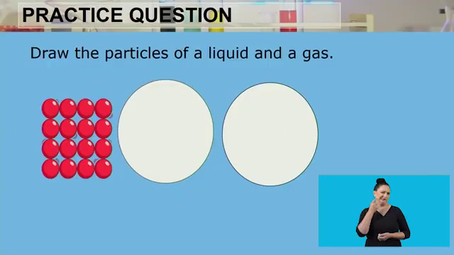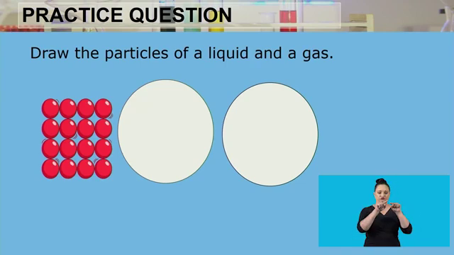We're going to start off with an easy question whereby we draw the particles of a liquid and a gas when we are given those of a solid. We know that the particles of a liquid take up the shape of the container, and the spaces between them are slightly bigger than the spaces of the solid.